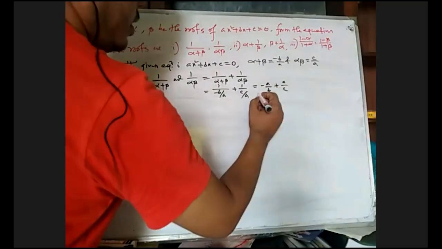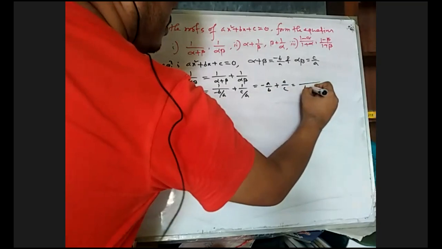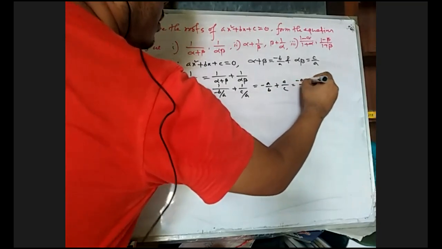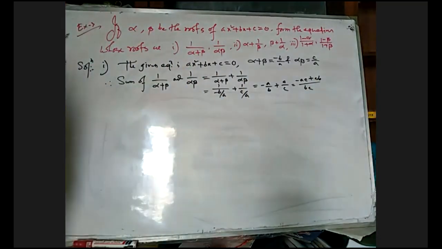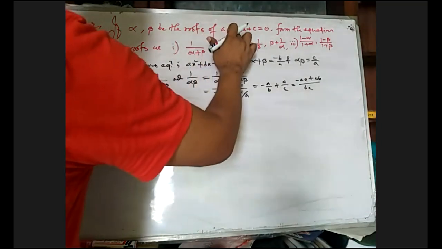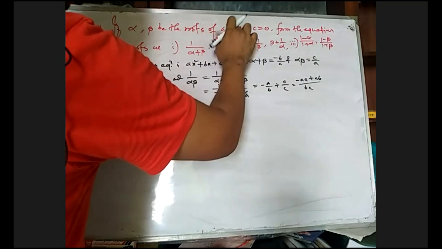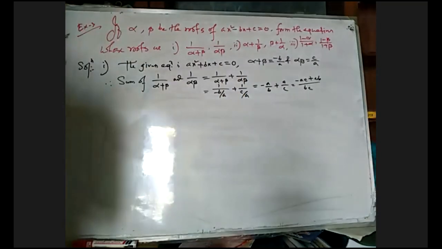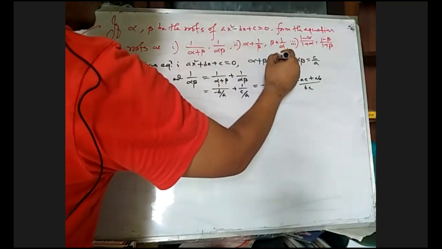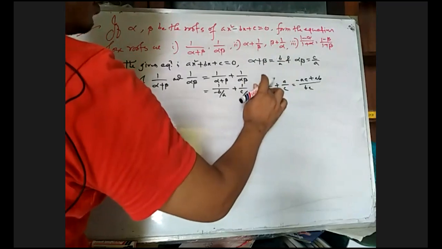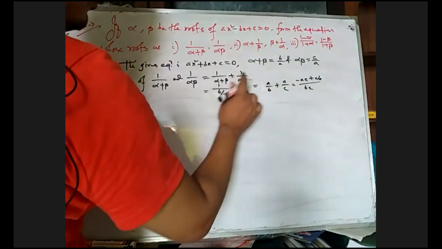So bc will be the LCM, minus ac plus ab. Sorry, our given equation is ax square plus bx, remember it. In that case there will be plus. Okay, this will be plus.